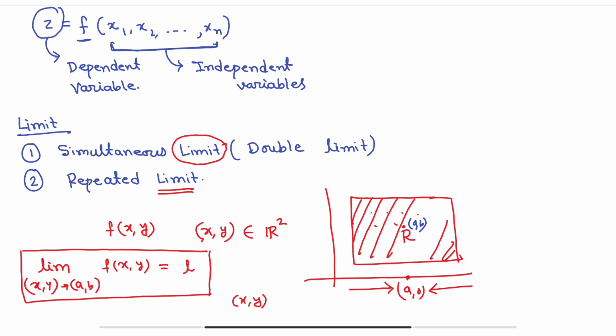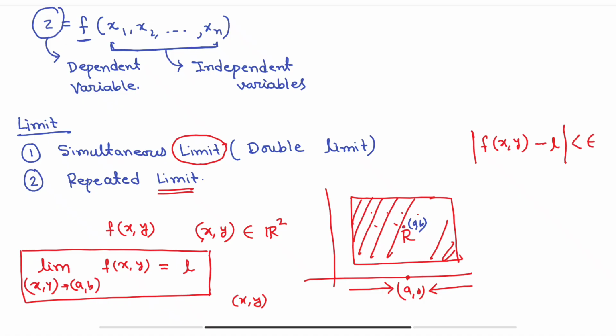Whenever the values of x comma y tend to the values of a comma b, we are getting the result L. So if I find the modulus of f of x comma y minus L, where L means the functional value or limiting value at the point a comma b, this modulus represents the distance between the functional value at x, y and the value L, and this distance must be less than epsilon.